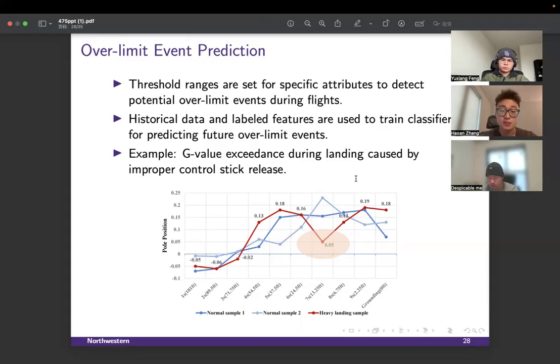For instance, a G value exceedance during the landing may result from the improper release of the control stick. By combining the historical data and the extracted features, our model not only detects over-limit events, but also predicts the risks a few seconds in advance, giving pilots a critical reaction time, right?